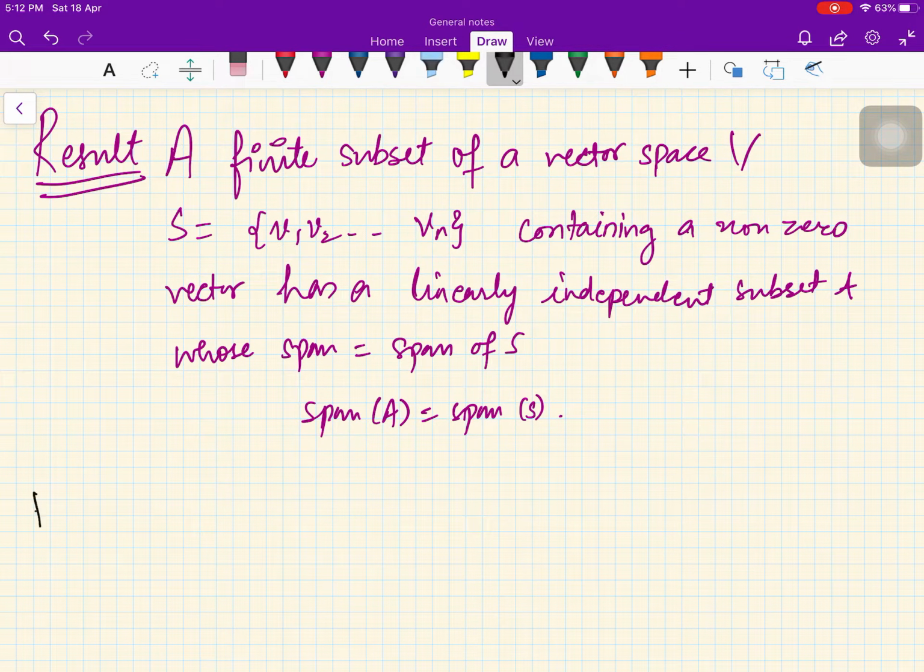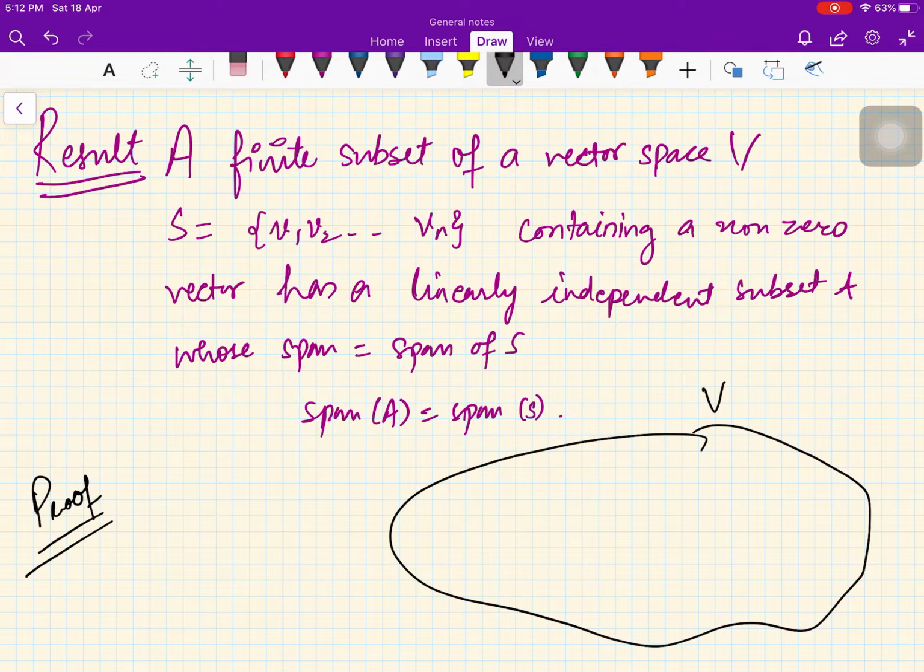Now if you read the statement and try to figure out what this result is saying, you will see that this is a very obvious result.